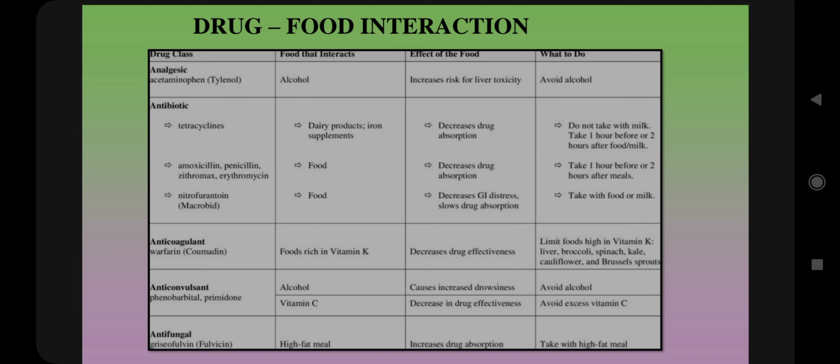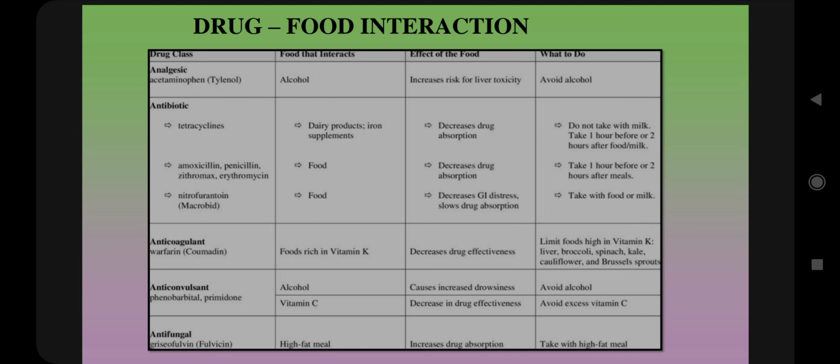They have mentioned examples, that is liver and vitamin K. We have to reduce foods which are rich in vitamin K, like broccoli, spinach, cauliflower and Brussels sprouts.